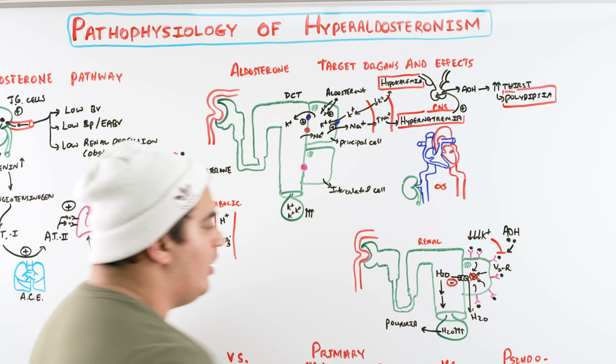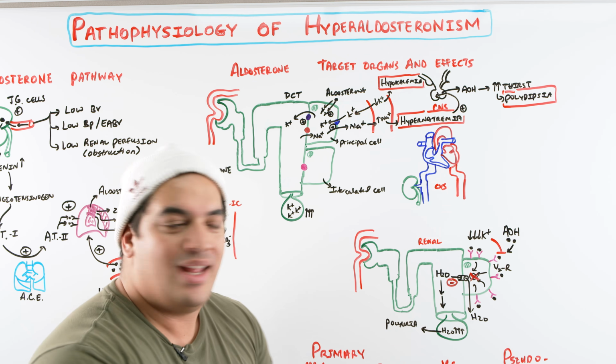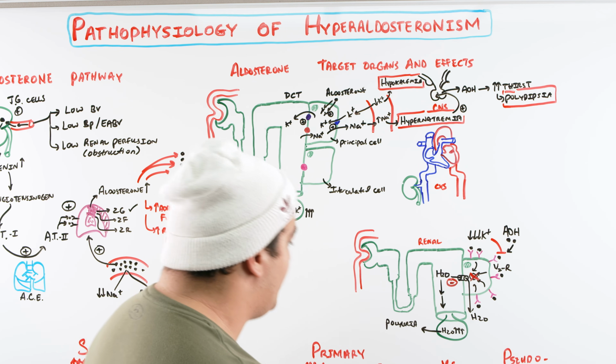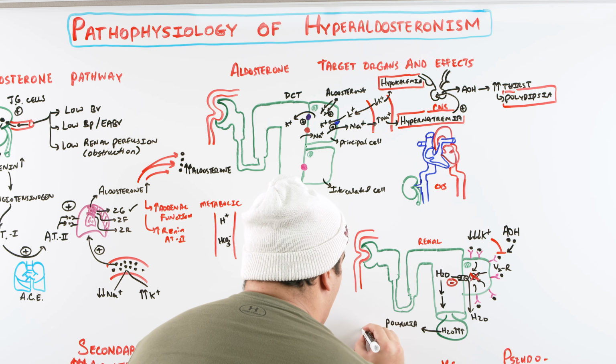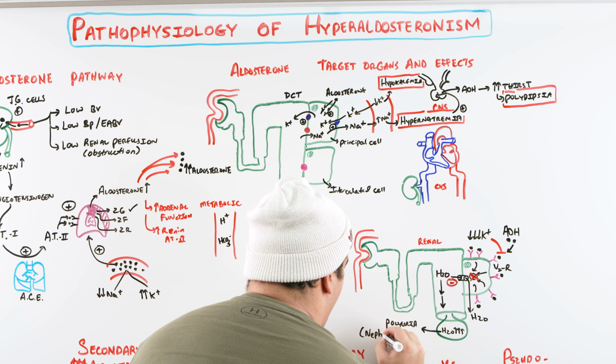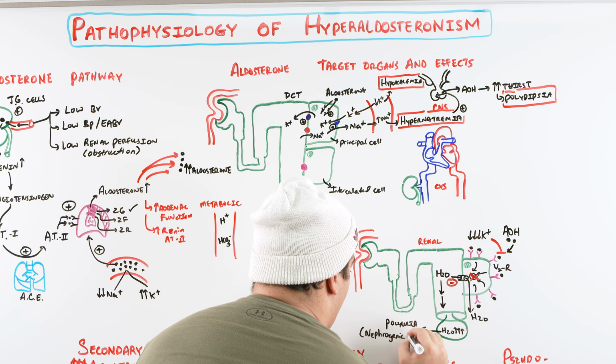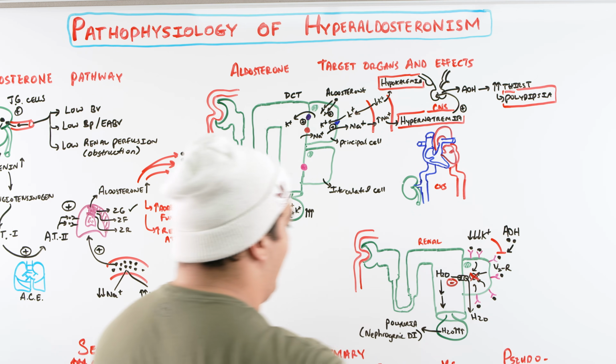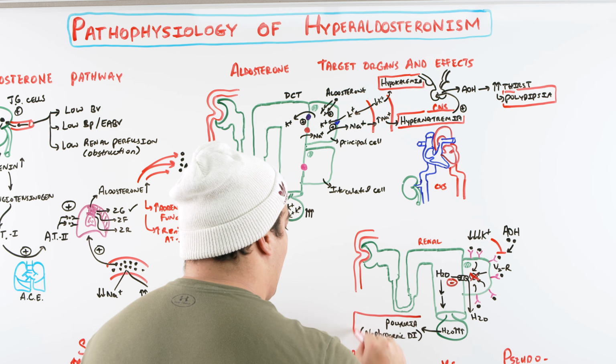You know what this polyuria is due to? It is due to the low potassium blocking the ADH. This is a very specific type, actually referred to as nephrogenic diabetes insipidus. And so this is another potential effect that you could see with hyperaldosteronism.